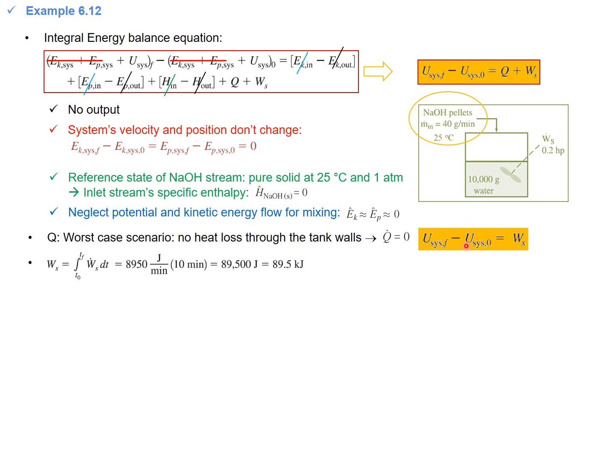That's it. And shaft work flow was given, actually the rate was given. So for 10 minutes, it is going to this value. So what we have, the difference of internal energy in the system, is 89.5 kilojoule.